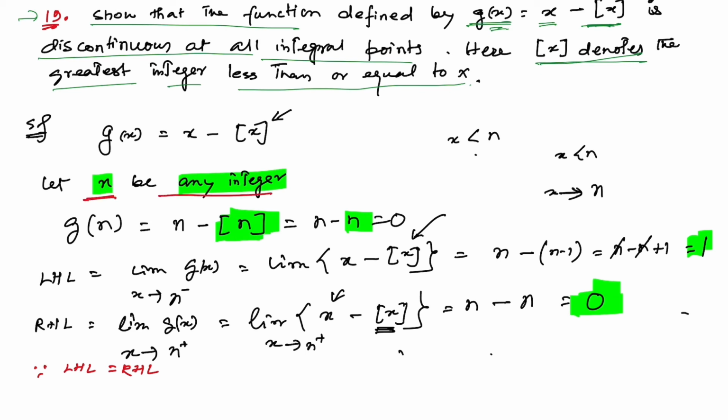when we have considered this n as any integer, we can say, just to mention one thing, that the left hand limit and right hand limit are not equal at x equal to n, where n is any integer.